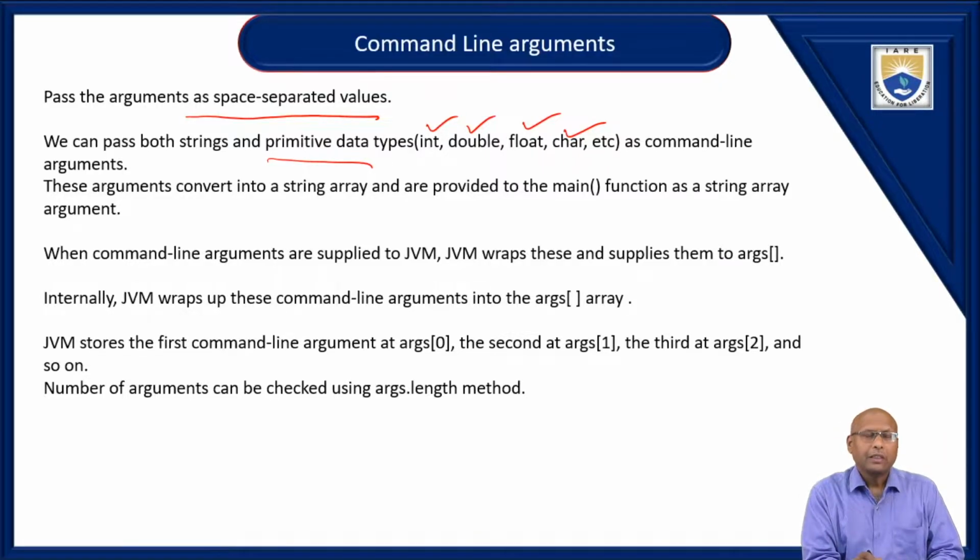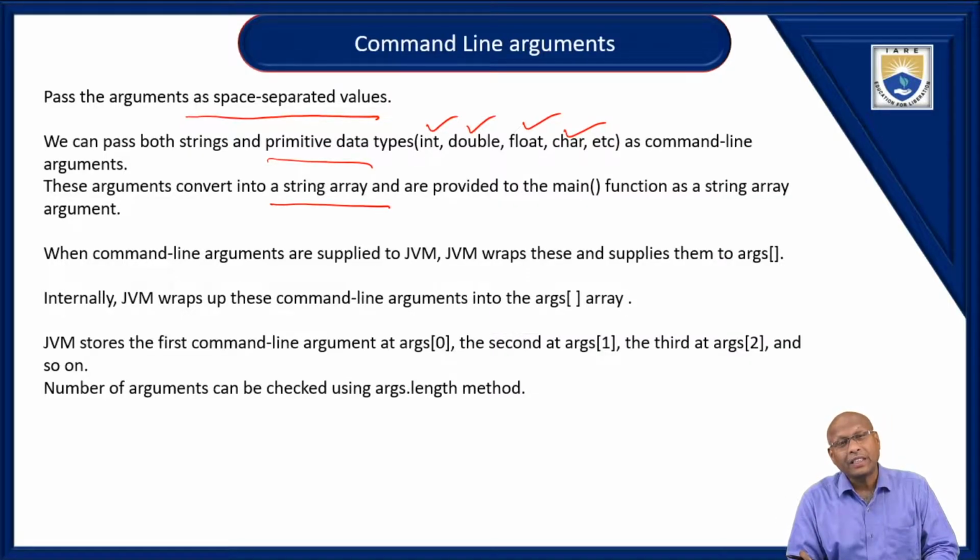These arguments will be converted into a string array. Whatever data you pass at the command prompt will be stored in a string array. Even if you pass an integer, a float, or a single character, it will be converted into a string. So everything comes under string format.